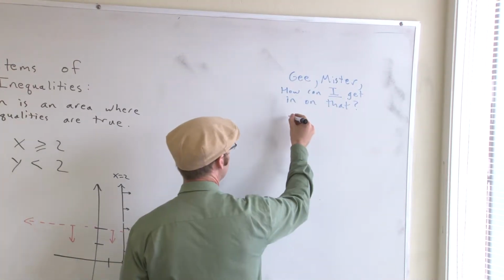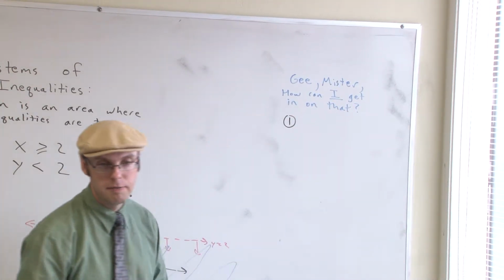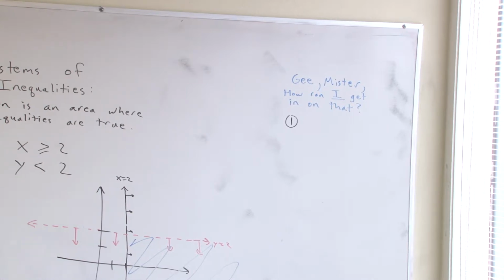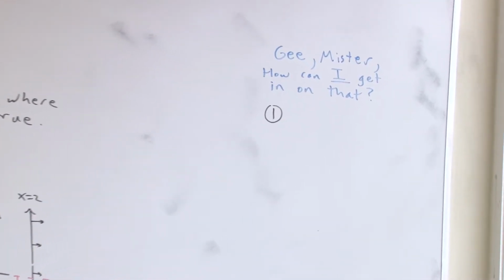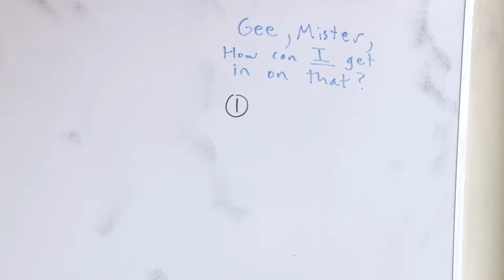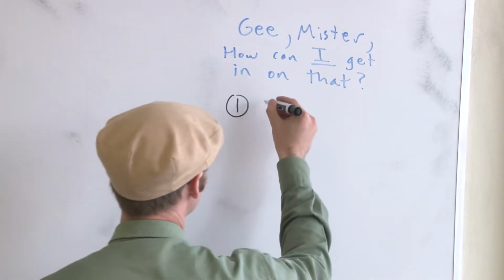The first thing that you're going to want to do when presented with a system of inequalities is graph the lines. Graph the equalities.